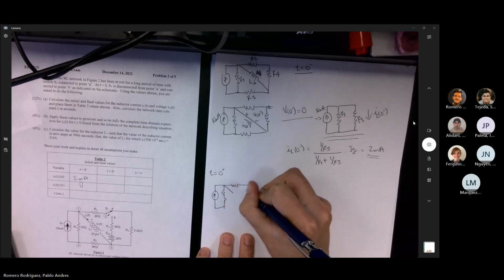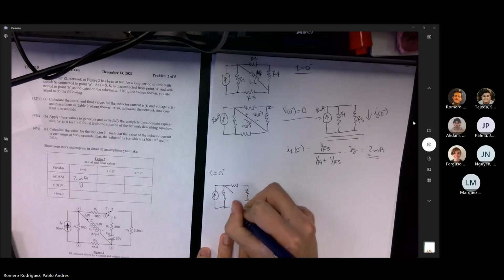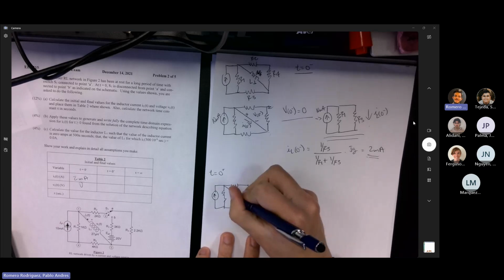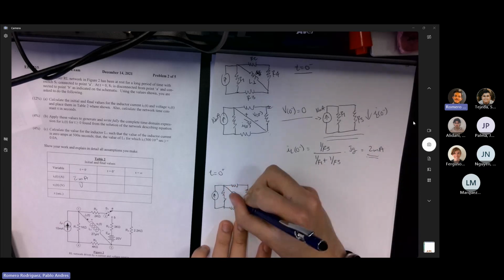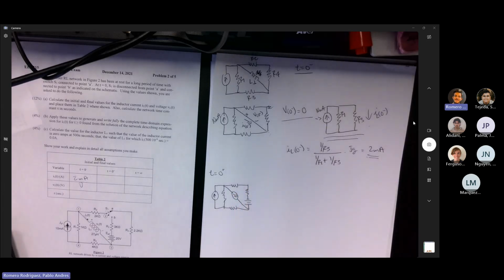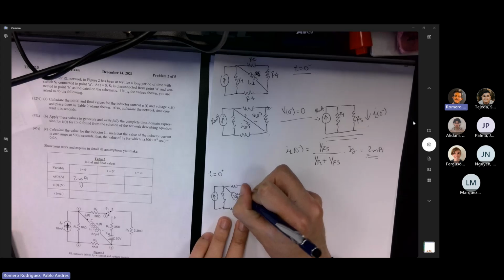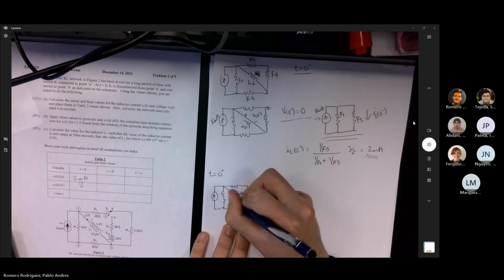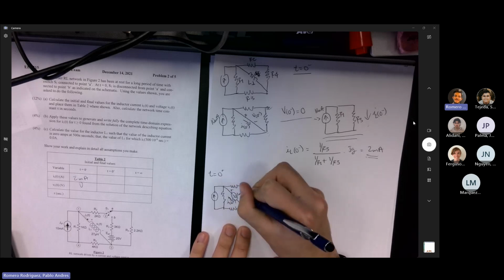That resistor, this voltage source, this resistor, and now, as mentioned, my inductor is going to act as a source, so it's going to pump current that way. It's going to have a value of 2 milliamps, IL of 0 plus, equal to IL of 0 minus.